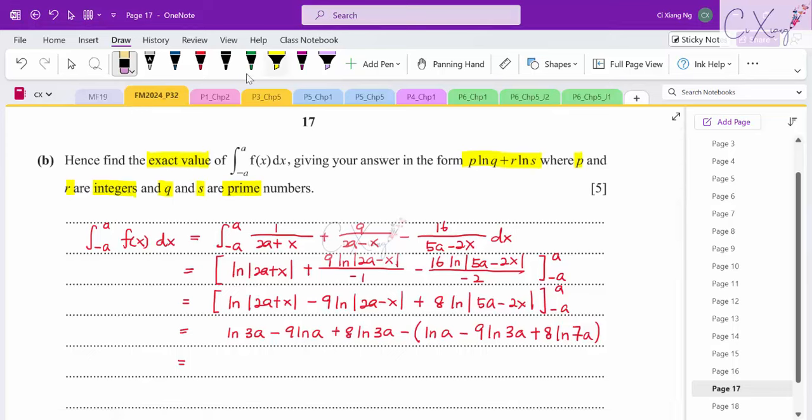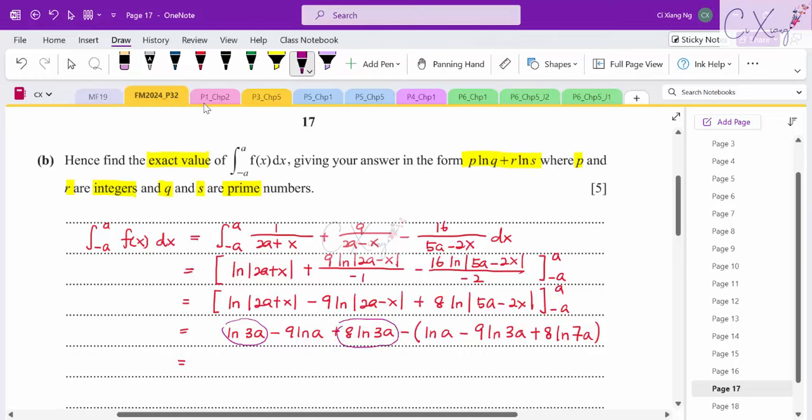Alright, now I try to further simplify my answer to get the pattern that they want. I will group this ln 3a and also 8 ln 3a. ln 3a is like an apple, so you have 1 apple plus 8 apples, so eventually you have 9 apples in total.